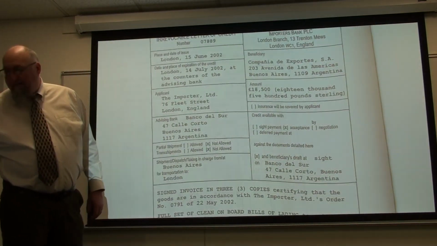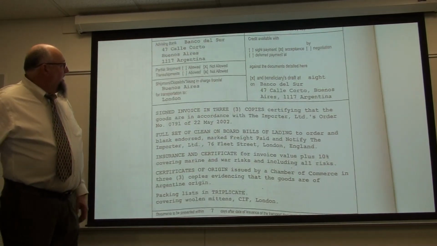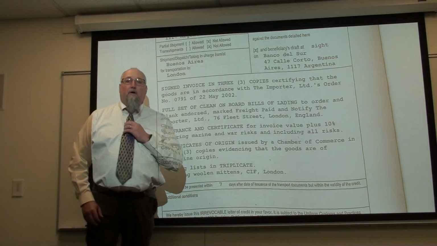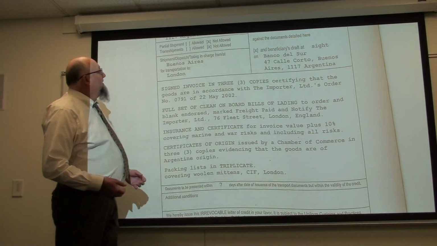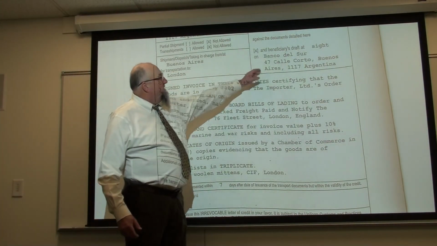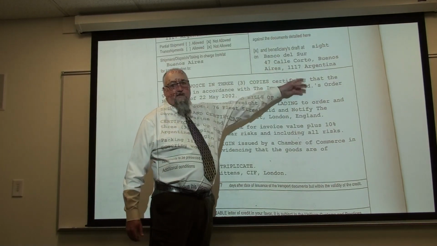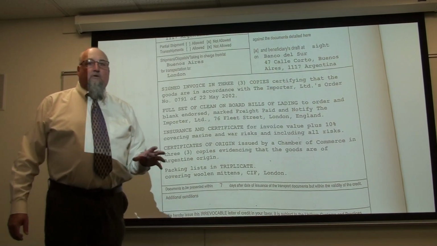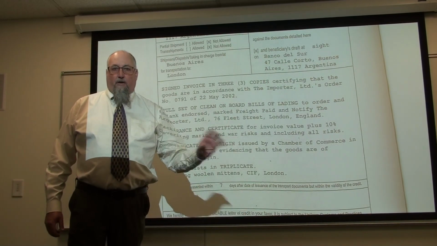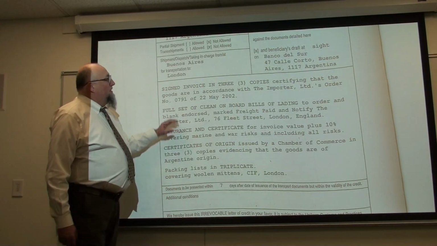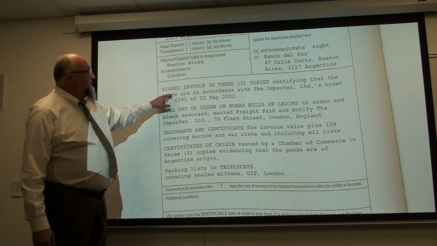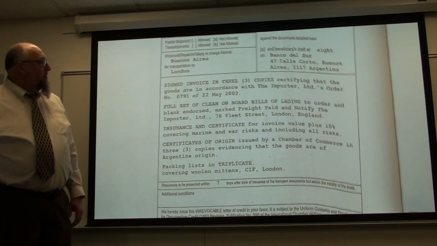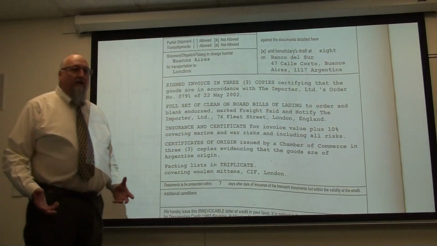So remember, a letter of credit is going to have a list of documents that the seller must provide to their bank. In this case, it's the advising bank, which is Banco del Sur. So that would be the seller's bank in Argentina. Essentially, what this letter of credit is telling the seller is, number one, they have to provide a signed invoice in 3 copies, certifying that the goods are in accordance with the order from the buyer.